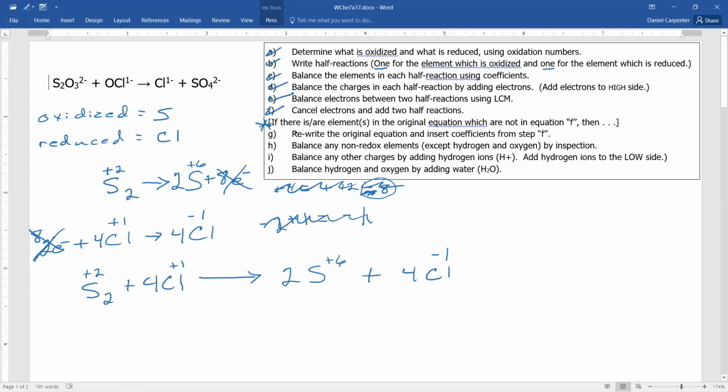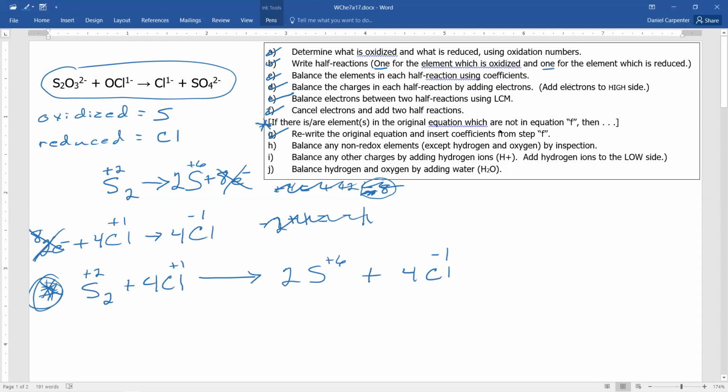So it says, if there are elements in the original equation that were not in F, this is F right here. So is there anything in this equation that is not in this equation? The answer is yes, all those oxygens. So takes us to step G.